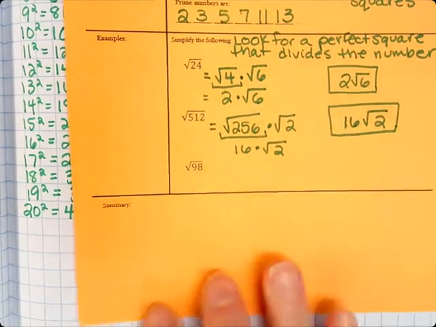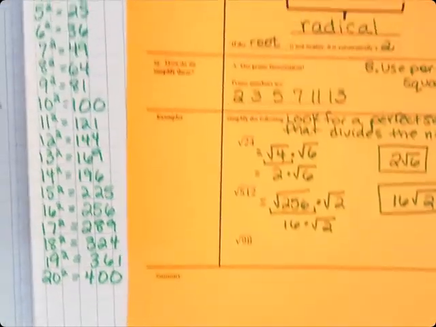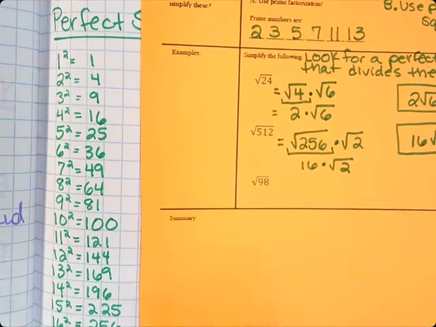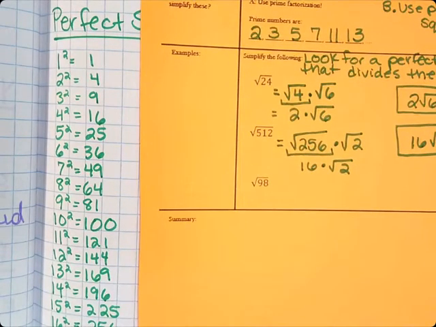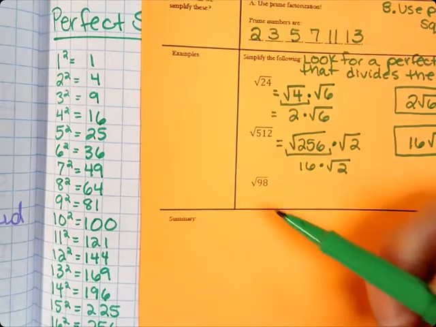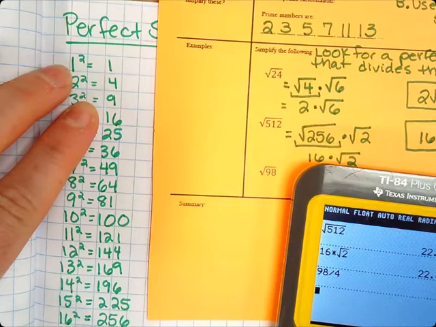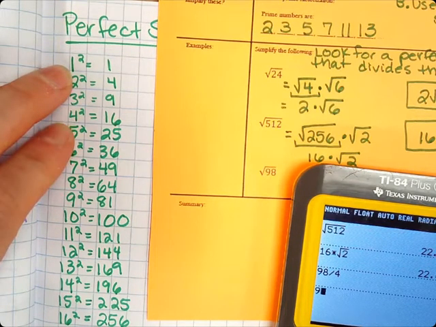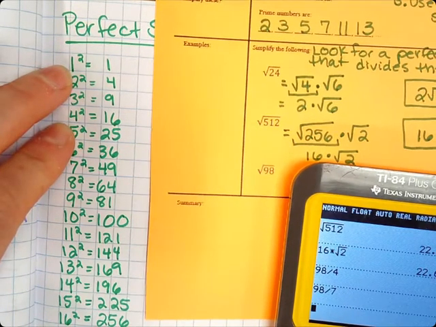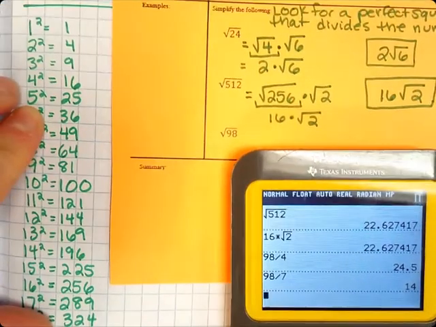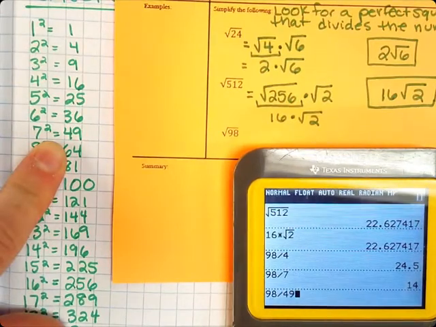So the next one, 49. We need to find one of the perfect squares that will evenly divide. Did I say 49? Yes. 98. Sorry. Got ahead of myself, I think. All right, so you check and see what will divide it evenly. So 98 divided by 4. No. 98 divided by 7 is 14. But 7's not a perfect square. 49. 98 divided by 49.